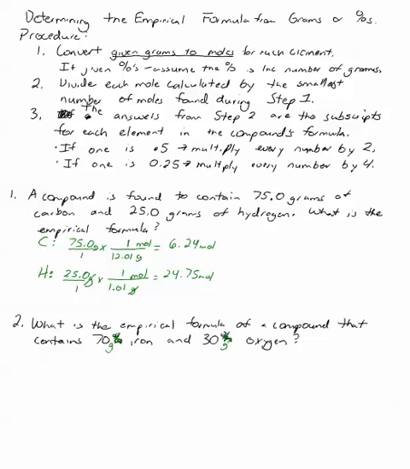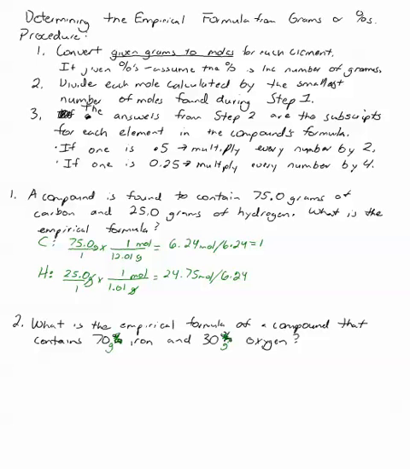Step 2 is to divide each mole calculated by the smallest number of moles that was found during step 1. I've got 2 different moles here: 6.24 and 24.75. 6.24 is the smallest amount, so we divide each of these by 6.24.